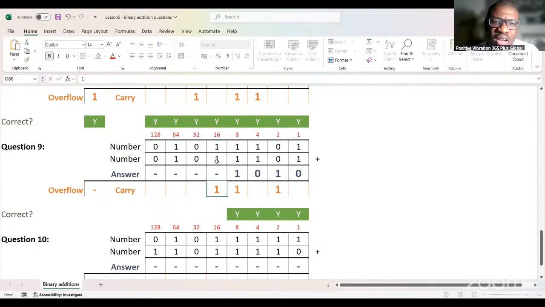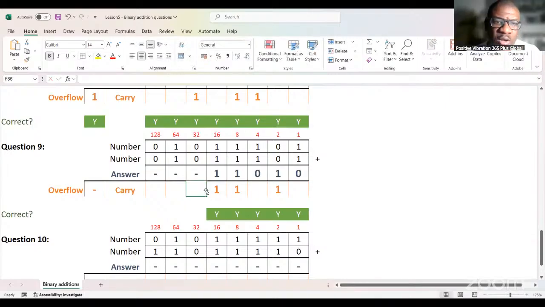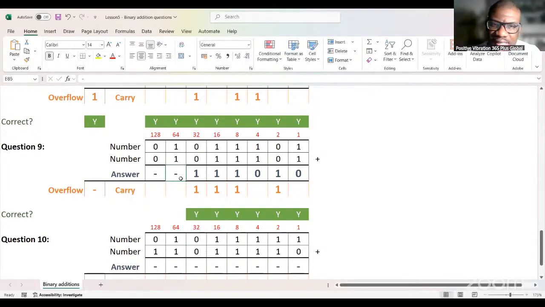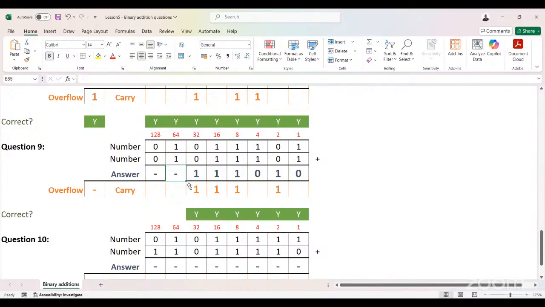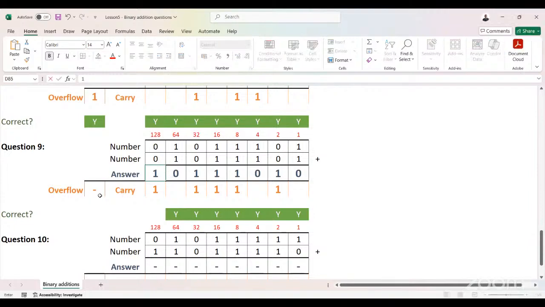Very good. What about this one? Same, 1 carry a 1. Good. What about this? 1. Okay. What about this? Put down the 0, carry a 1. And what goes here? 1. Very good.